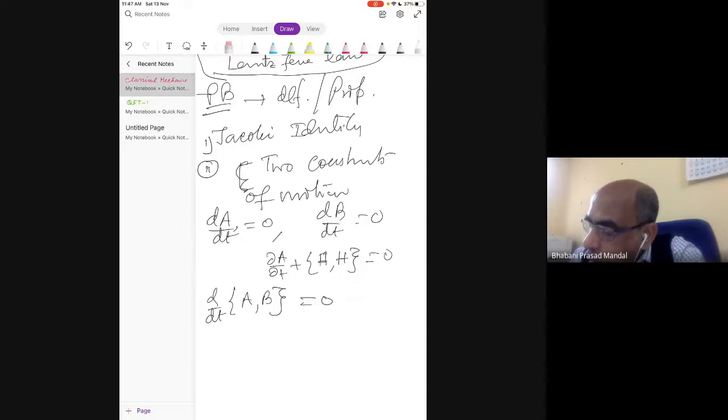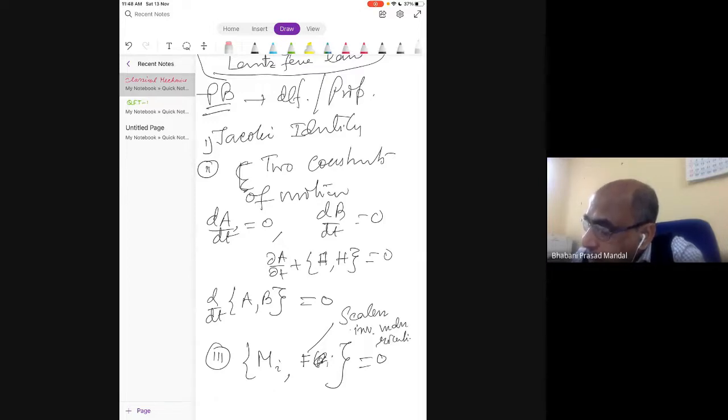And from these properties, you can also think of a problem: suppose M is the angular momentum, any component of angular momentum, and you have a scalar quantity f(r), whatever it is. Scalar quantity means something which is invariant under rotation. Then their Poisson bracket also will be 0.